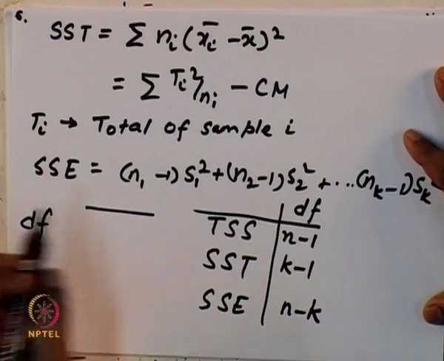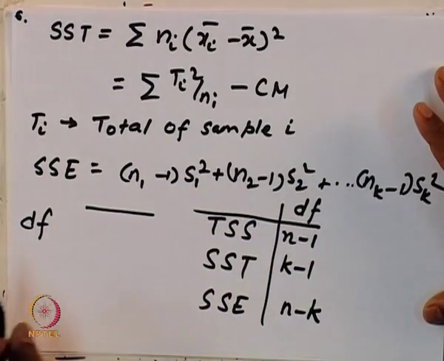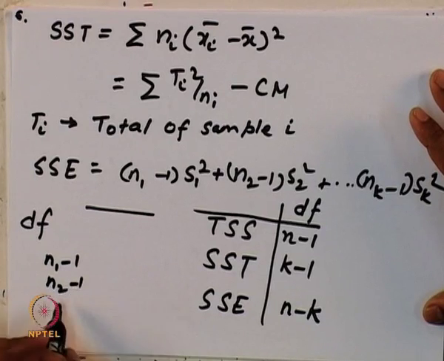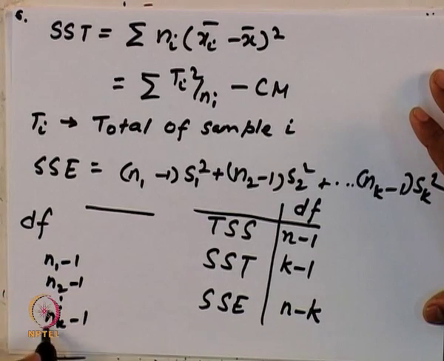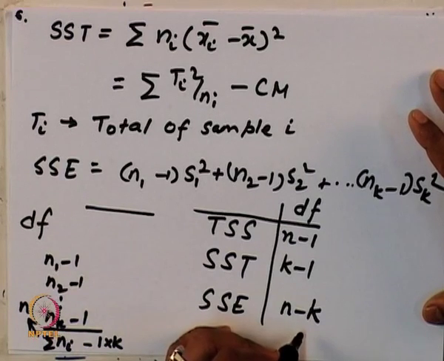And that you can make out from this term: you have n1 minus 1 plus n2 minus 1 dot dot nk minus 1, so you have summation ni minus 1 into k. Since summation ni is n, this comes to be n minus k.